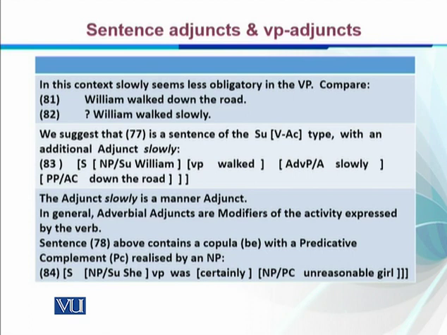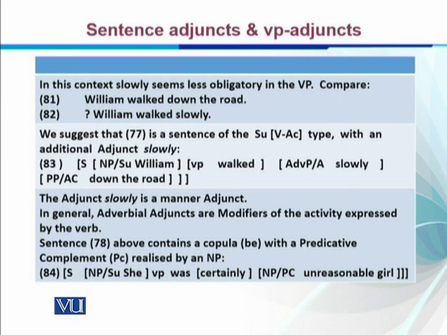We have bracketed the sentence, and now we know what is the verb phrase, what is the adverb adjunct, and what is the prepositional adjunct. The adjunct slowly is a manner adjunct. It tells us how he walked, how slowly. In general, adverbial adjuncts are modifiers of the activity expressed by the verb.